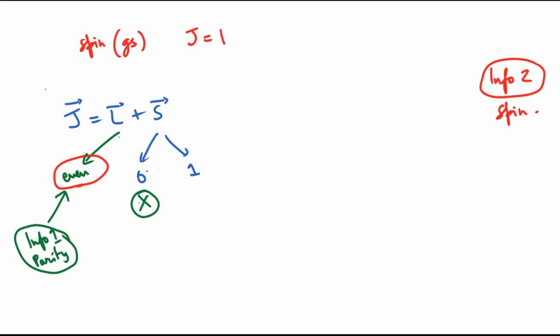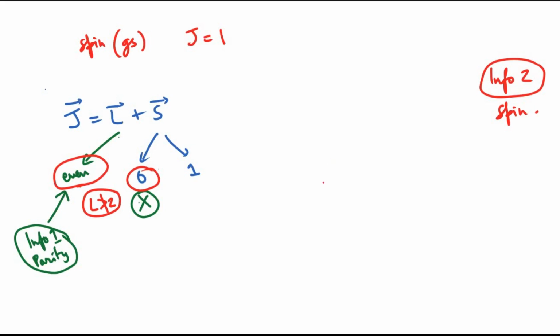Also we can rule out any L greater than 2 by the same argument. So two things: one, L is even; another, L is not greater than 2. So S equal to 0, and L greater than 2, are not possible, because only with L equal to 2 and S equal to 1 can we have J equal to 1.